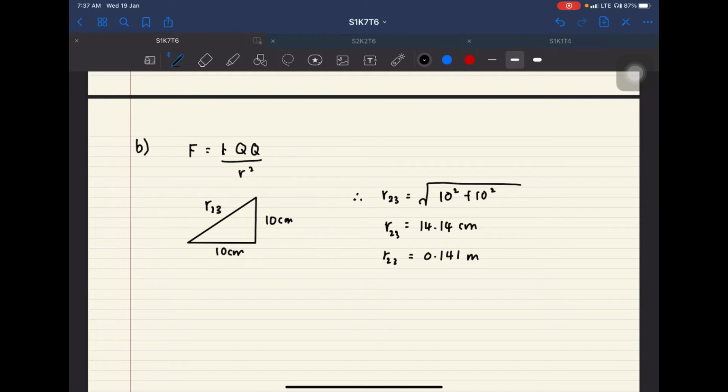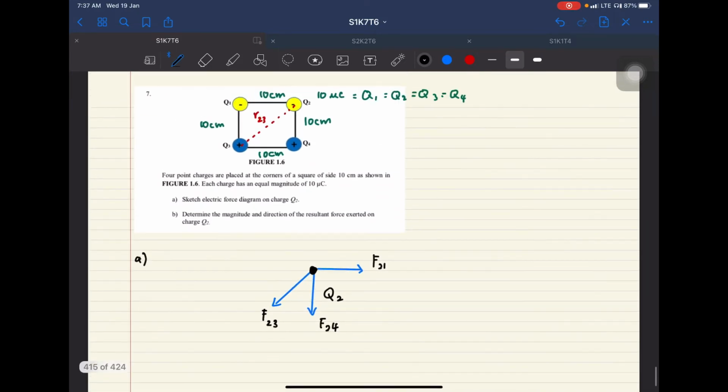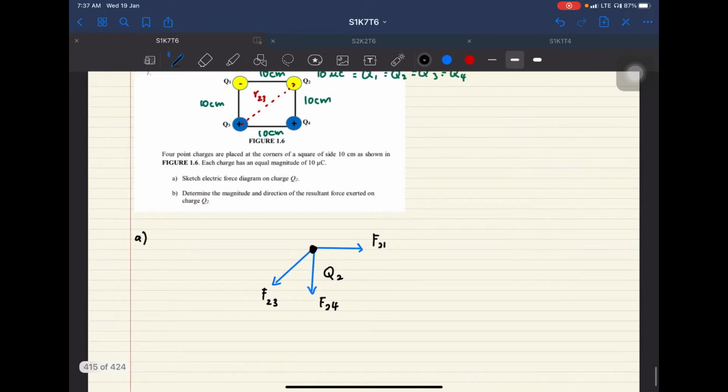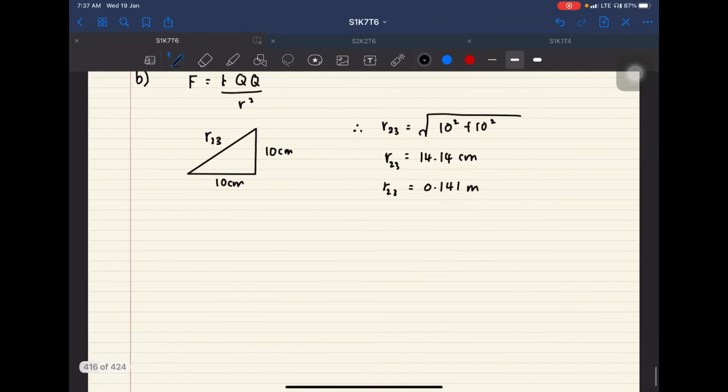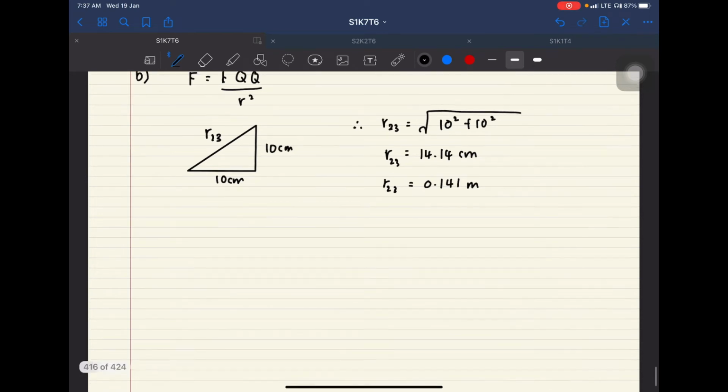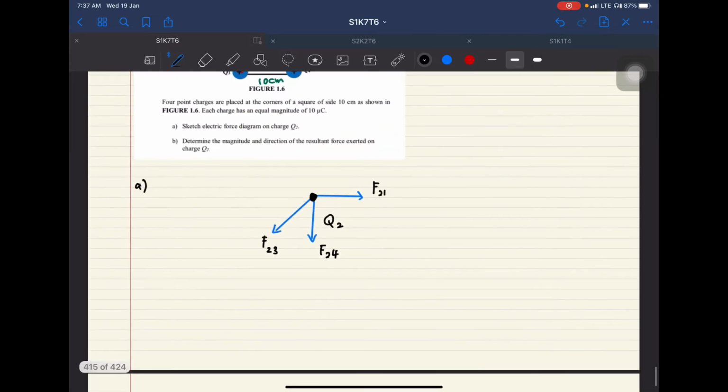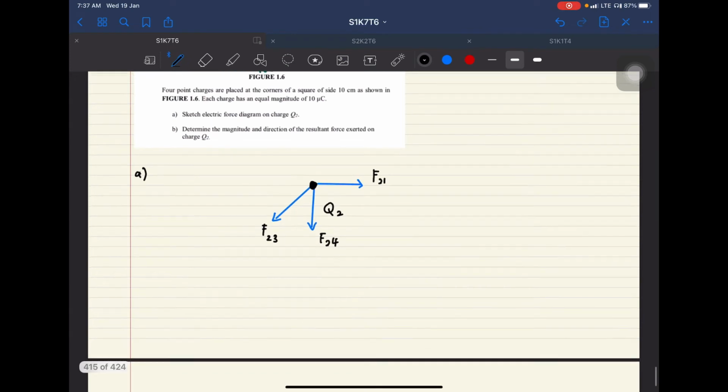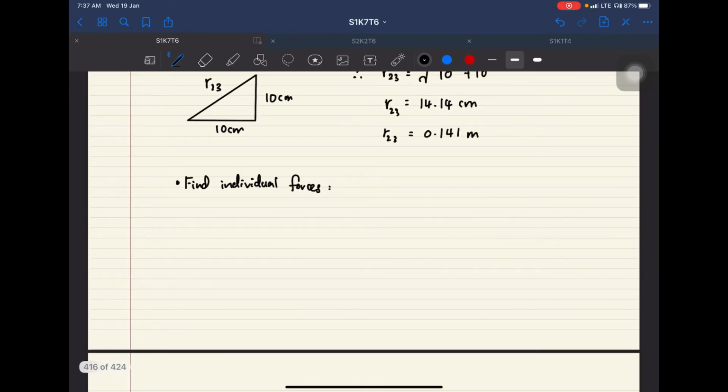Okay, so like I told you before, after you draw, the second step is that you have to find the individual forces. So that means I want to find F21, F23, F24. Start with F21 first.